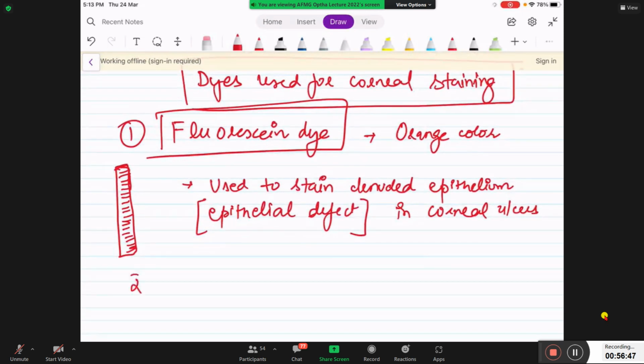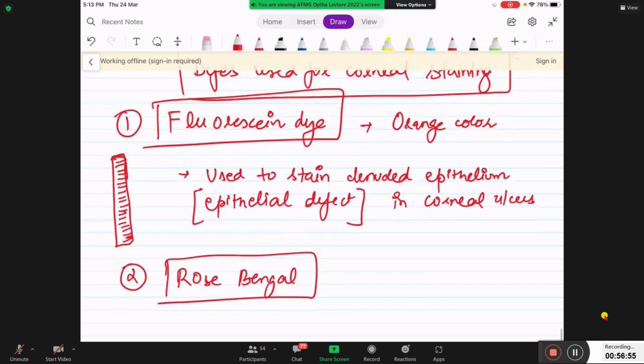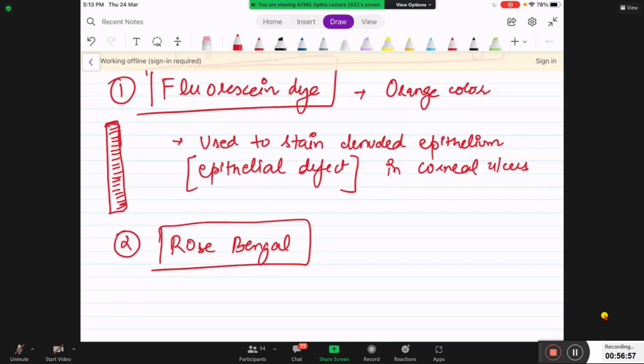Here, second dye name is rose Bengal dye. This rose Bengal dye is not very commonly used in our OPD. The reason being that it causes a stinging sensation to the patient, leading to patient discomfort, right? That is why it is not very commonly used, and the commonly used one is fluorescein dye.